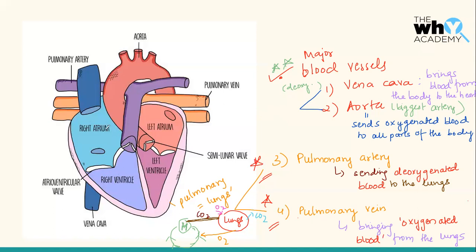Yes, exactly. So all the veins other than the pulmonary vein will bring in the deoxygenated blood. From here it goes to the lungs. So it will end up at the alveoli. At the alveoli it will give off its CO2 and take in O2 and come back to the heart. And from here it will be pumped back to the body. The blood gets recycled, right? Yes, it gets recycled, correct.